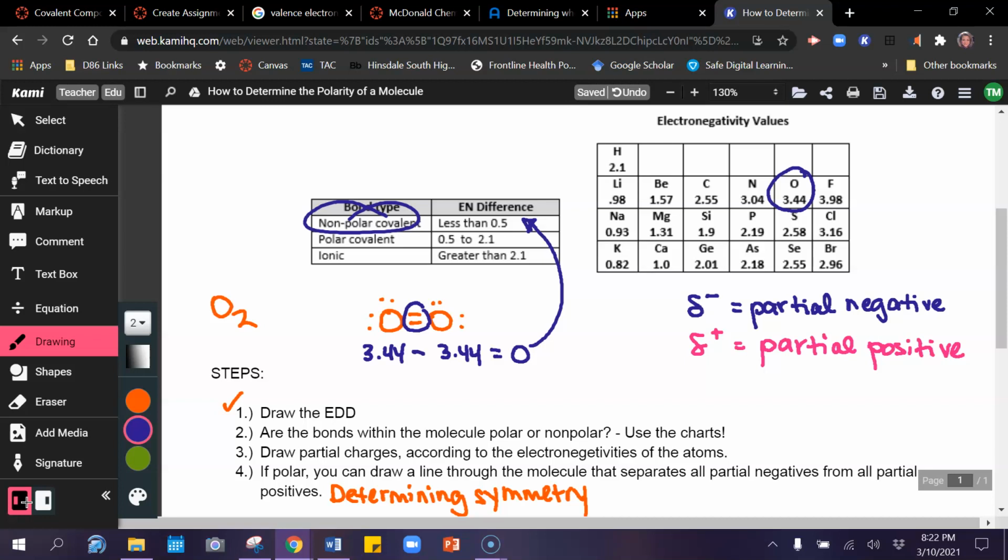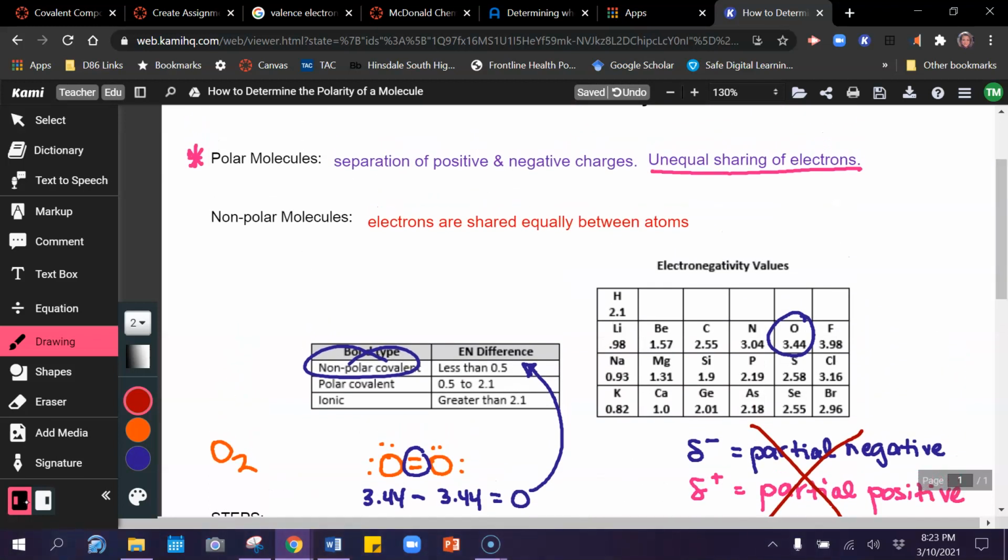Since my bond is nonpolar, I cannot assign partial negative or partial positive charges. Because in a nonpolar bond, electrons are shared equally. You don't have a separation of charge because one atom pulls the electrons away.